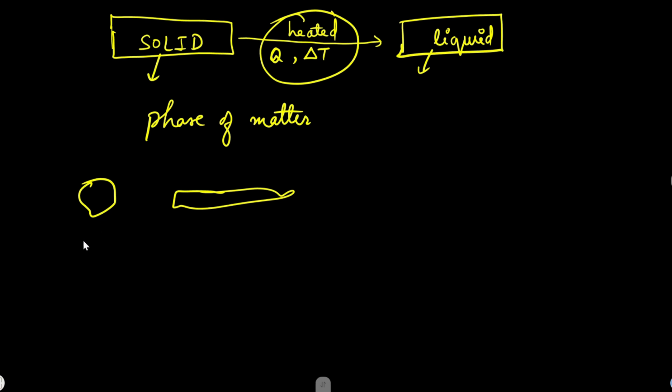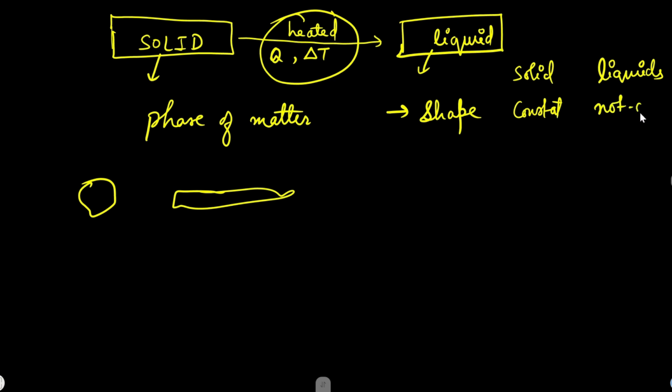So why do we call something a solid and something a liquid? On what basis? When it comes to the solid, we talk about two, three things. One is the shape. In case of the solids, the shape is constant, almost. We call it a rigid shape. In the case of the liquid, it is not constant.